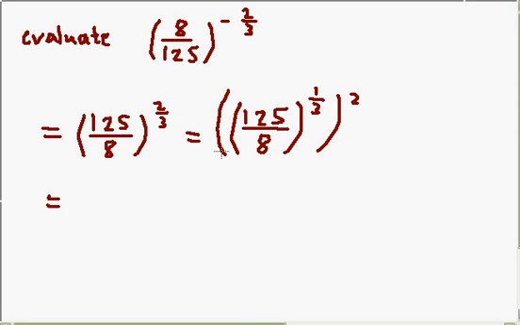Now we've got 125 eighths to the third. Now we are allowed to find the cube root of 125 and the cube root of 8, so you can write that as 125 to the third over 8 to the third.